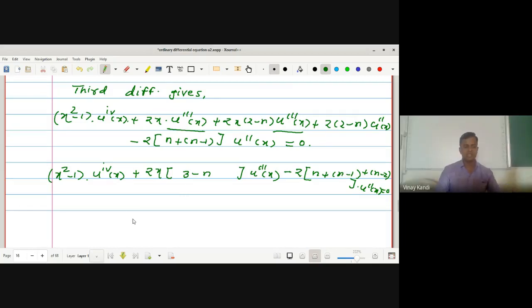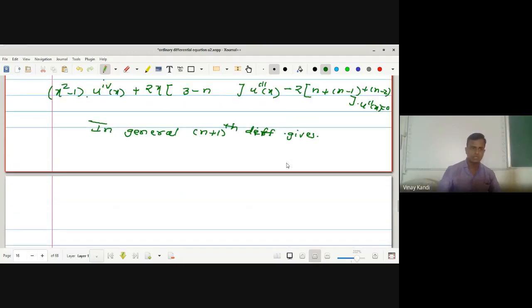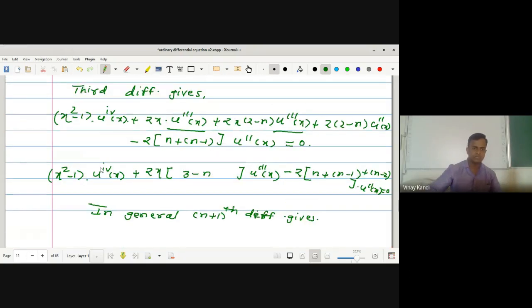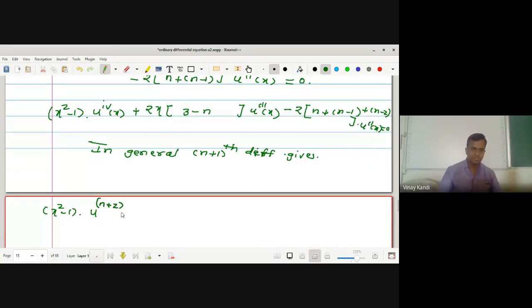Now look at here. In general, we can write the n plus 1th derivative, or the differentiation gives, look at here, pay attention to this: x square minus 1 into u raised to n plus 2, okay. When we took the third differential, 4 came here, so what will come for n plus 1? n plus 2 of x, okay, plus 2x into, after taking the third, 3 minus n was coming, so after taking n plus 1, n plus 1 minus n into u, the derivative here: fourth, third taking third came, here n plus 1 taking n plus 1 will come, okay, of x.